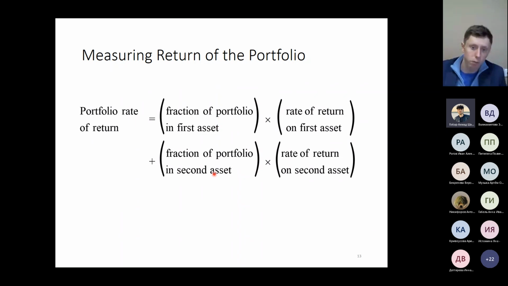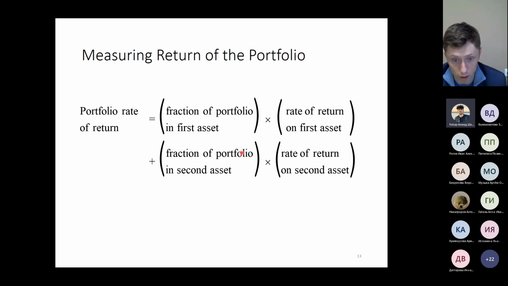But at the end of the period, let's say that the first asset grew and became 8, but the second asset price fell down and its price became 2. Then we start the subsequent period with the fraction of the first asset equal to 0.8 or 80%, and the fraction of the second asset would be 20%.